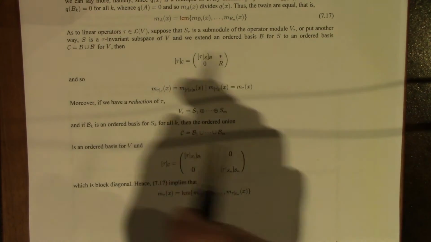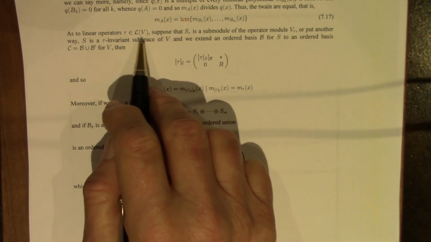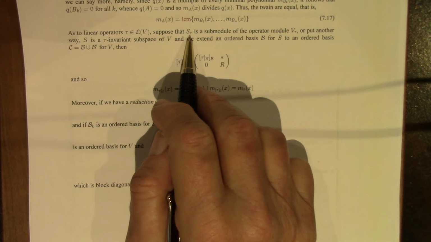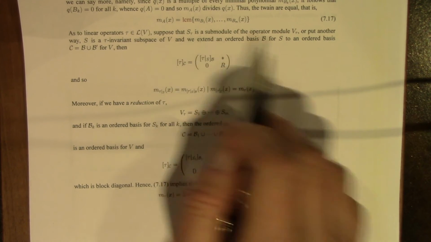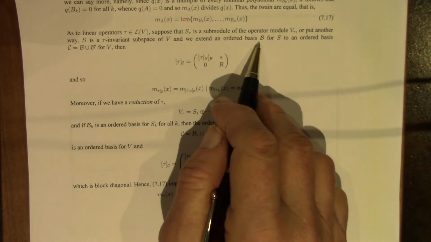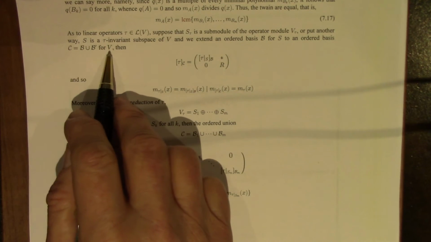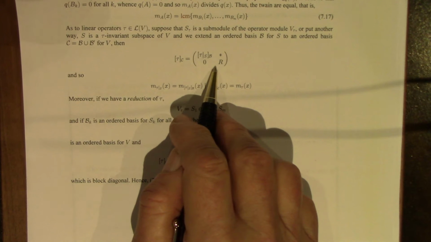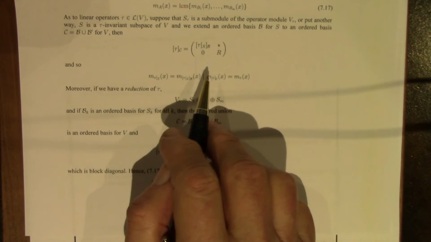From an operator perspective, suppose tau is a linear operator on V, and that S is a tau submodule, in other words, a tau invariant subspace. What we can do is extend an ordered basis for the submodule to an ordered basis for V, and this is what the matrix representation will look like. We've discussed this before.